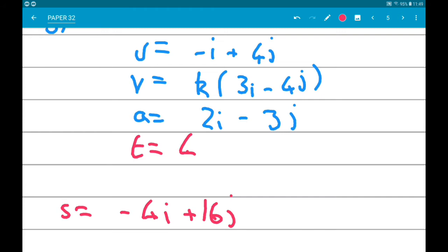So 4 squared is 16, half of that is 8, so we are adding 8a. So that's going to give us add 16i minus 24j.